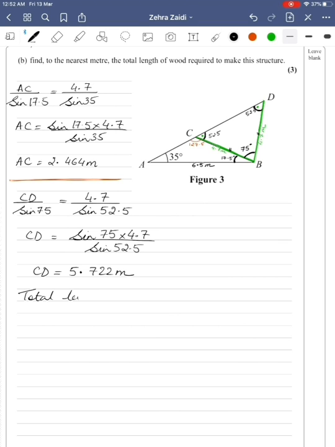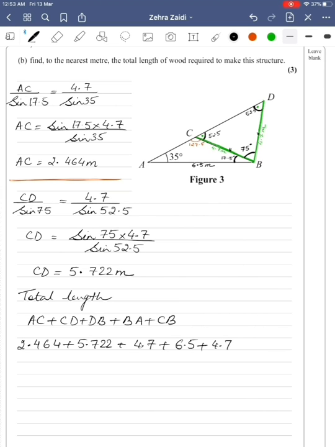So total length is equal to sum of all the sides. The sides are AC plus CD plus DB plus BA plus CB, and the corresponding lengths are 2.464 plus 5.722 plus 4.7 plus 6.5 plus 4.7.